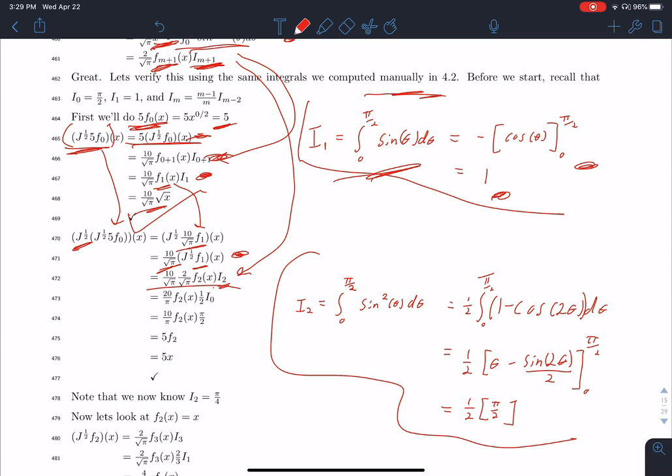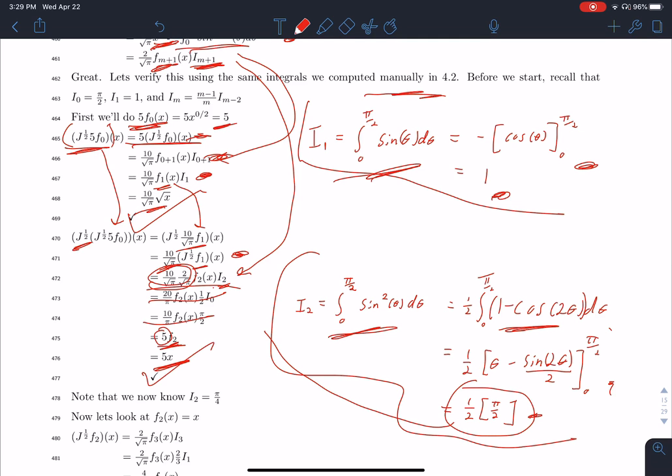It's very straightforward again. This is a power reduction formula that you would have learned in Calc 1, I hope. Do the integral, apply the limits. This is what you get. Don't worry about that. That's a reduction formula, but we'll do it this manual way. So if we take this and multiply it by these, we get 5 in front of our f2. And rewriting that in terms of x instead of this f2 notation, we get what we want. That's good.